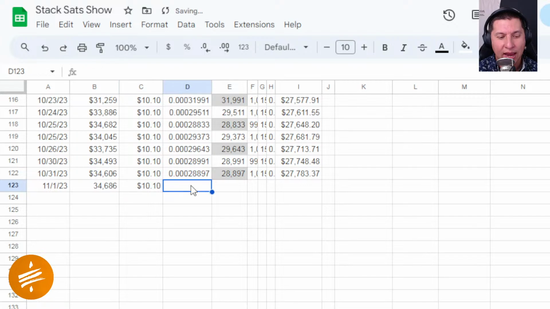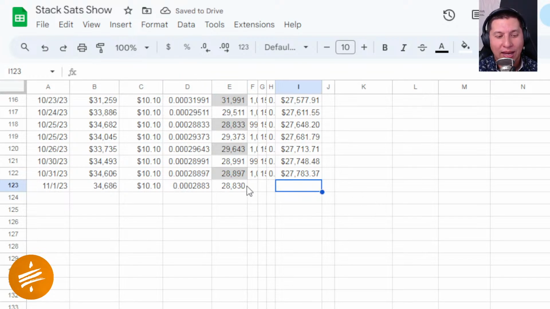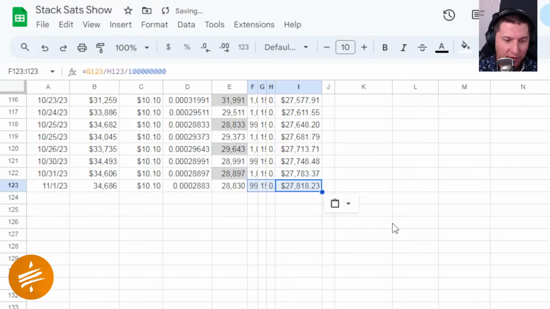So we're gonna add the fee to what it cost us to get this Bitcoin, and we yielded 28,830. 28,830 Satoshis going into our bag for the show.